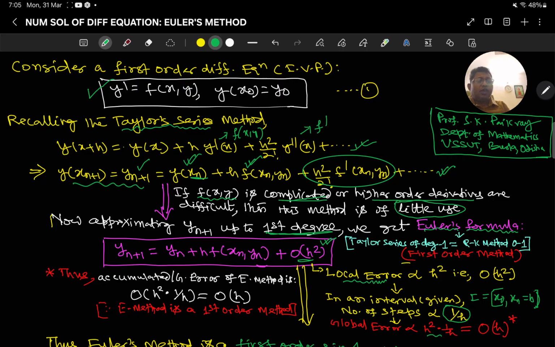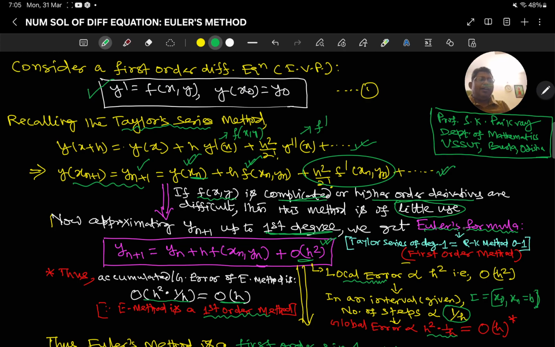It will be order of h² into 1/h, which is order of h. That's why this method is called a first order method. So Euler's method is a first order method.